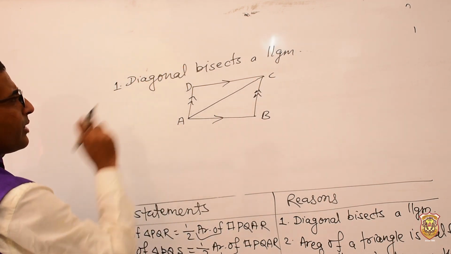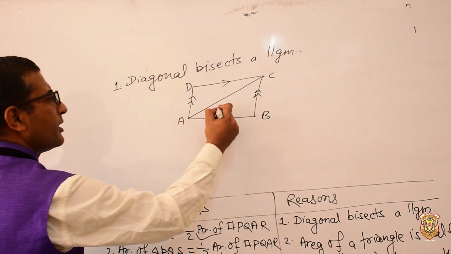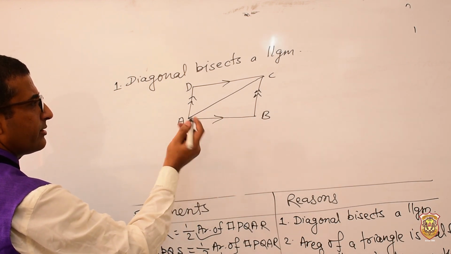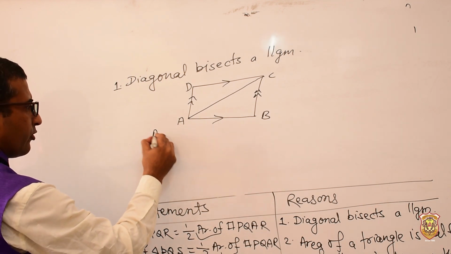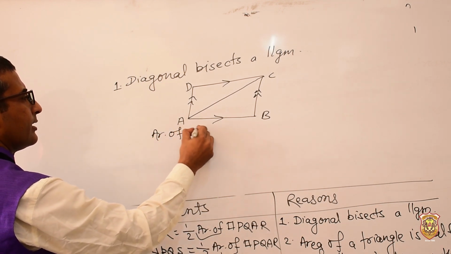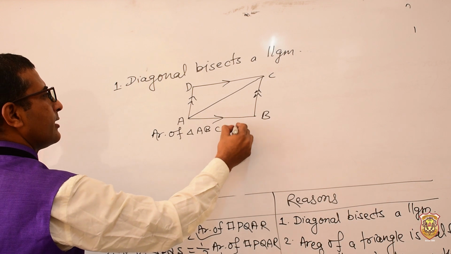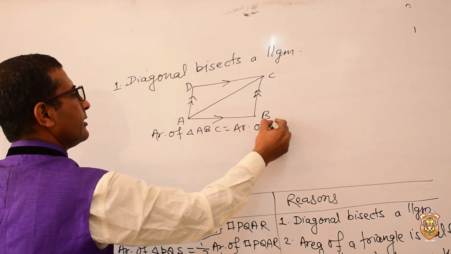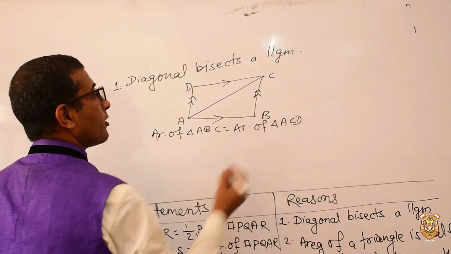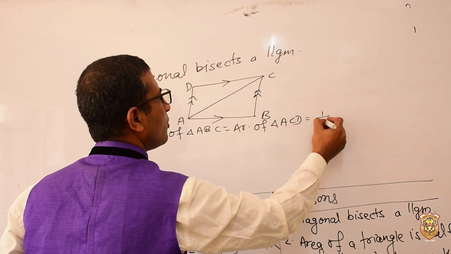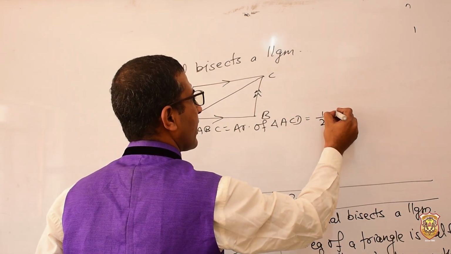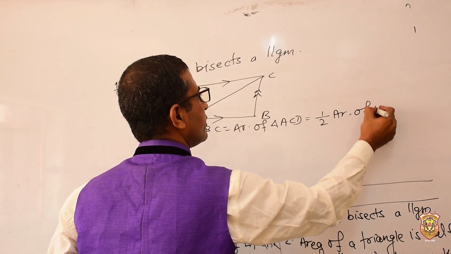The diagonal bisects the parallelogram, it means we can write in many ways, like these two triangles' areas are equal. We can write area of triangle ABC equal to area of triangle ACD. We can write both of them are half of the whole parallelogram ABCD.